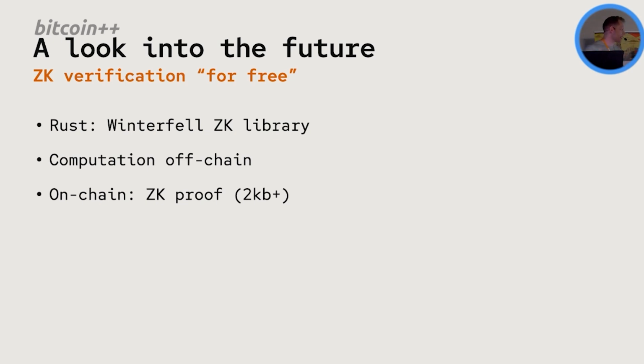You need to put that on chain. With the example I'm compiling here with a Fibonacci proof, it's about 2 kilobytes. And you can imagine other SNARKs or other proof systems are optimized for smaller proofs. So that's what could be best for our case.